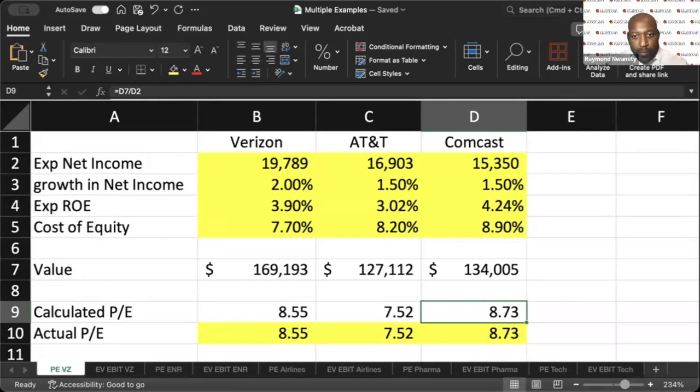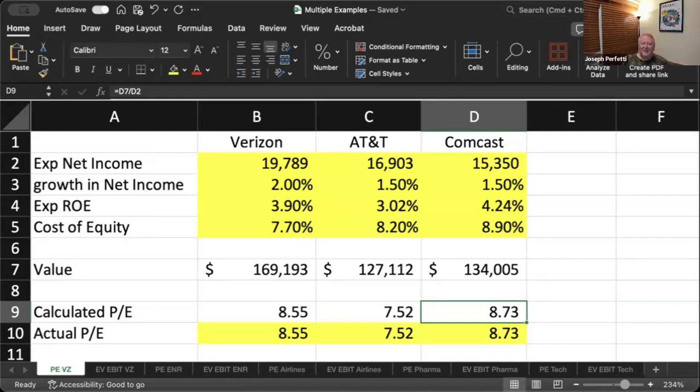I'm sorry. Okay, and I believe... not sure. I think that's it. So why is AT&T's multiple lower than Verizon's? Why is AT&T at a discount? Connect the dots there, Lucas?